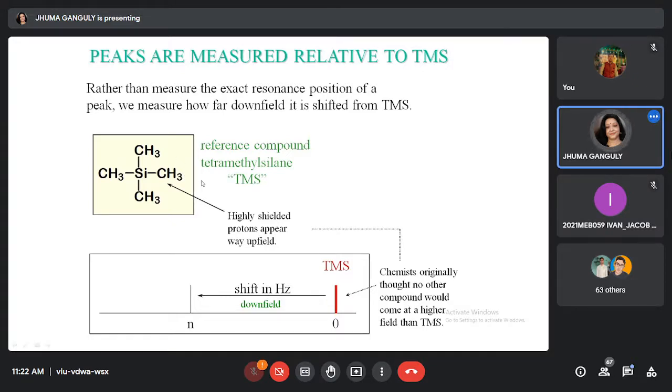All the carbon hydrogen bonds are distributed equally. So how many hydrogens are there? 3, 6, 9, 12. Twelve hydrogens resonate at the same position, so it's so sensitive and gives a large peak.